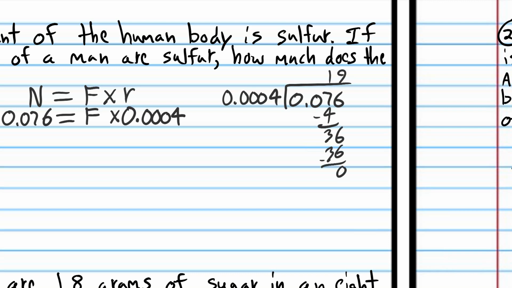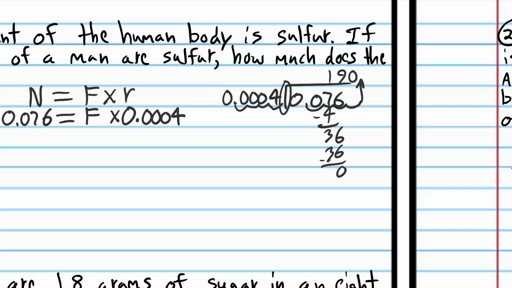So now this is a different situation because our divisor has a decimal that's not right up against this line. So we have to move it 1, 2, 3, 4 places, which means we have to move this decimal 1, 2, 3, 4 places. Then we bring it straight up, and we have to add a 0 there.